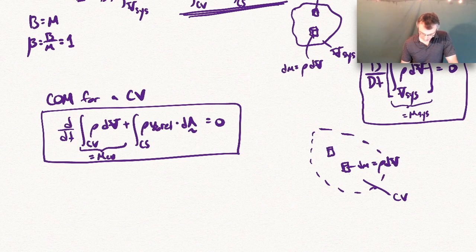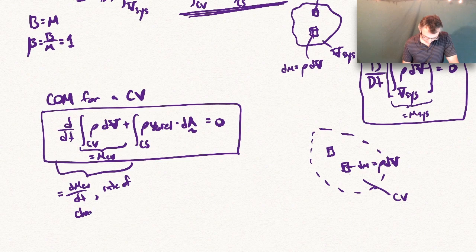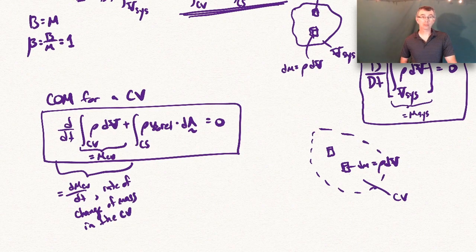We're just integrating all those little bits of mass over the control volume. That gives me the mass in the control volume. So this is the time rate of change, or dm_CV/dt. It's just the rate of change of mass in the control volume. So that's what that term is.